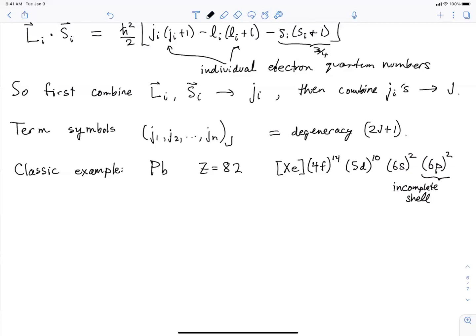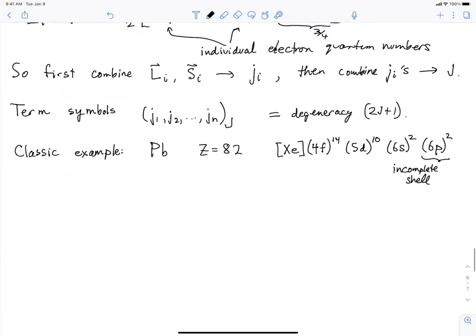It is 6p². And so if we count states, ignoring all the complete shells, because there's only one way to pack electrons into a complete shell, the incomplete shell has 6 times 5 over 2 times 1. We're counting the anti-symmetric combinations, and that's 15 states.